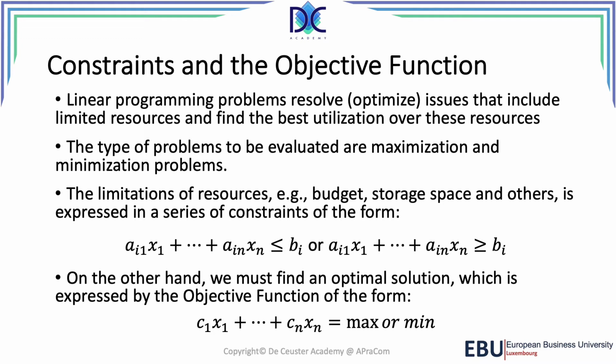It is clear to state that when we want to optimize, maximize profit, we basically want to have a value of the objective function which is as high as possible. We want to maximize it. When we have a minimization problem, we want to minimize the cost.